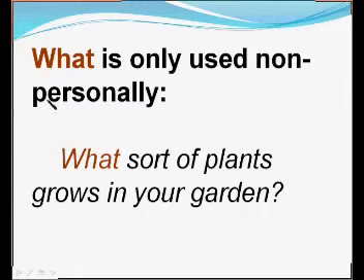Next, what is only used non-personally. That means it is only used with non-persons. So I could say, what sort of plants grows in your garden? I'm asking about sorts of plants. What sort of plants grows in your garden?